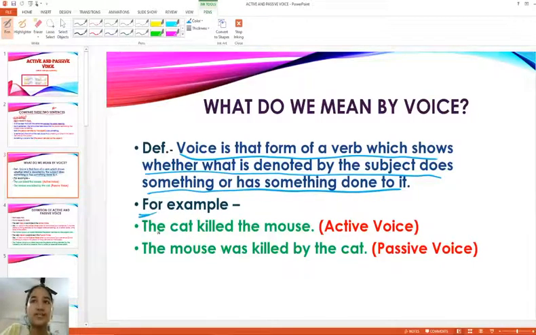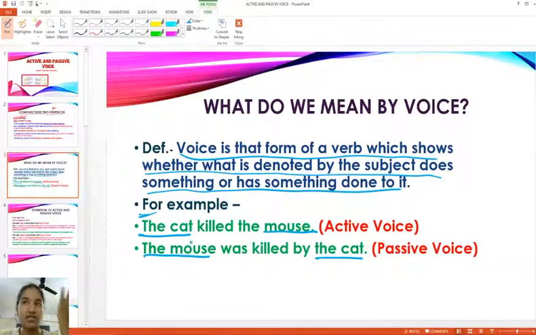The cat killed the mouse. Here we can see two nouns, the cat and the mouse. The cat, the subject, is doing something to the object, the receiver, the mouse. Then, the mouse was killed by the cat. That means something is happening to it.